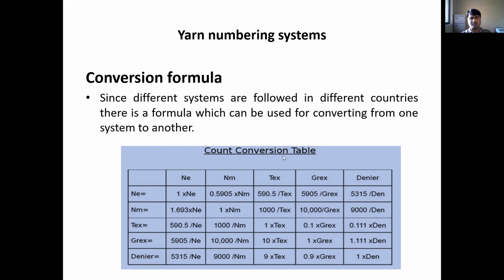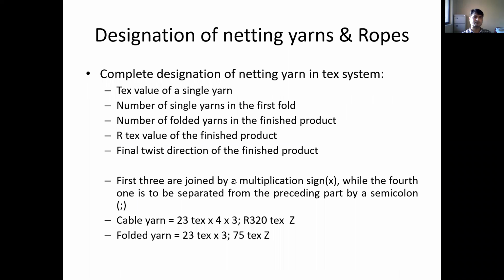So this conversion table is important and you have to remember it. You can also calculate from British to metric, metric to British, British to tex, British to denier, whatever. So you have to remember this table.